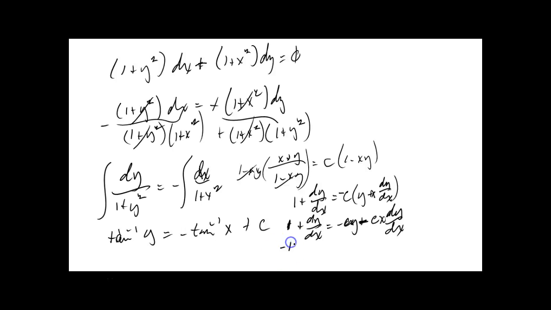So we'll be subtracting a 1 here, and adding cx dy dx here. Okay. That goes out. These go out.